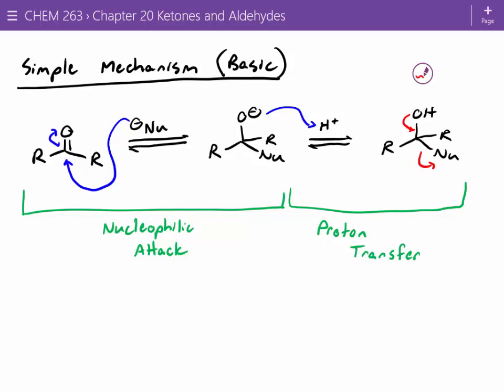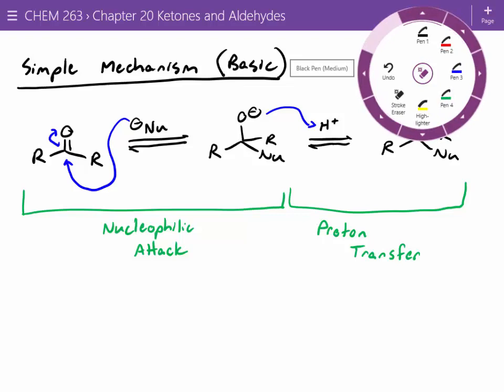Is an alkyl group, meaning the conjugate base of an alkyl group, a good leaving group? Do we see methyl groups pop off and act as leaving groups? No. So in a Grignard reaction, this is a one-way street, but with a lot of nucleophiles, there is a very significant amount of equilibrium occurring because the nucleophile itself can act as a reasonable leaving group. In a Grignard reaction, the Grignard is a terrible leaving group, so we only show it as one-way arrows.